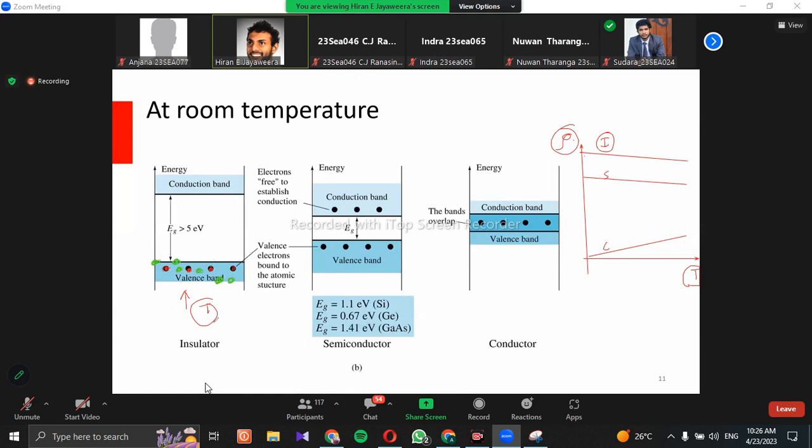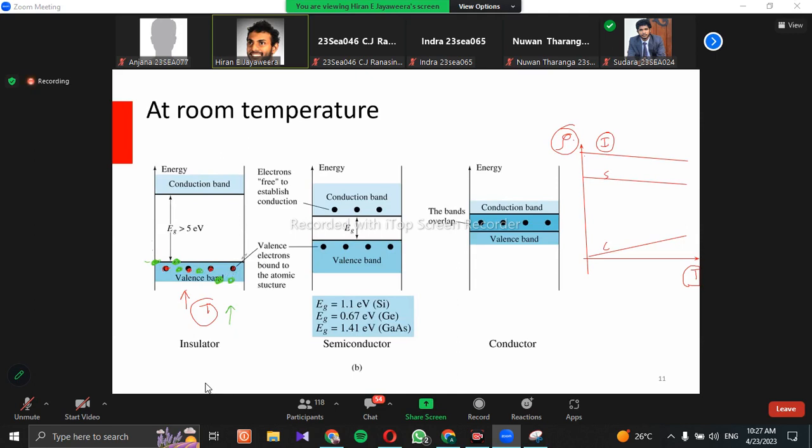Now let's say we increase the temperature. What happens is that the energy is increasing, right? When you increase the temperature, basically all the electrons receive roughly the same amount of kinetic energy.